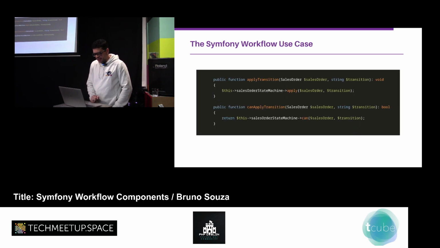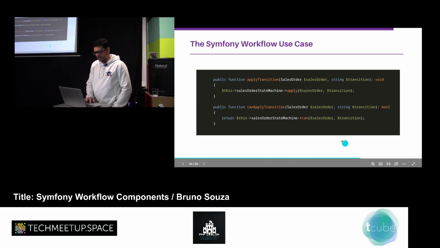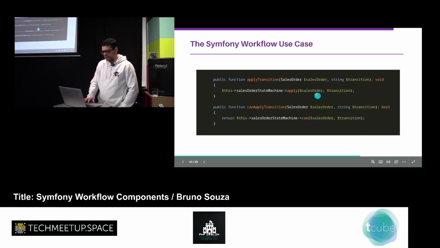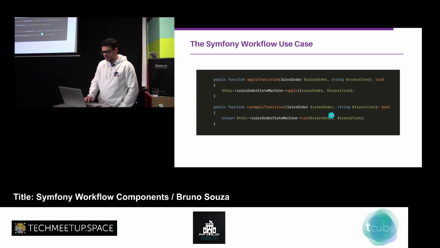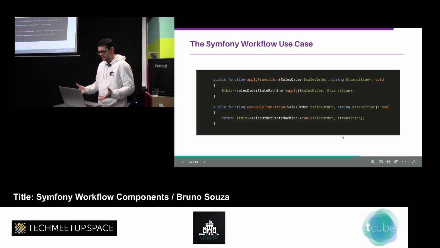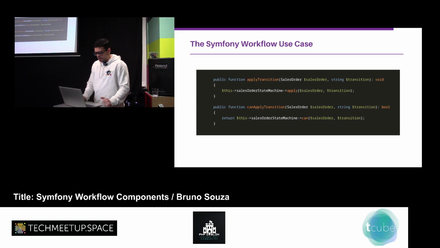In the use case, I'm using just these two methods, which are the can method here and the apply method, which are the main methods for the Symfony workflow. The can method is just to check if I can make the transition to a new place, if it's defined. And the apply is to really change the status of the component.